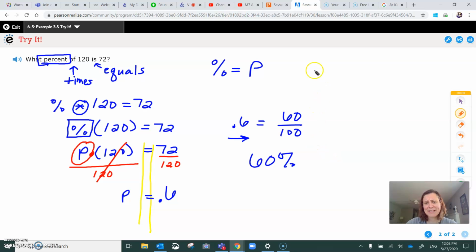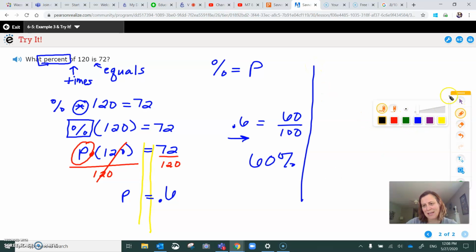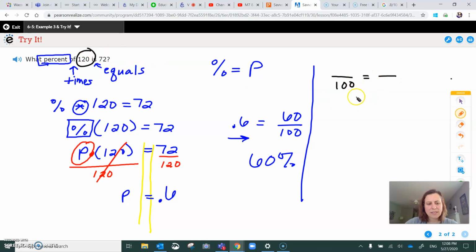Again, I'm a little perplexed about the way they're showing you how to do this. I meant to do this. So I would say, if I was going to do this, remember percents are over 100. The whole amount in this case is 120. So those are both going to go in the denominator.